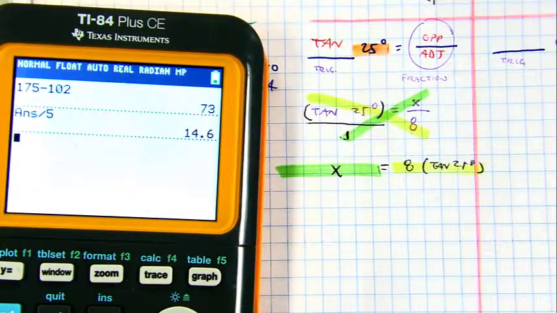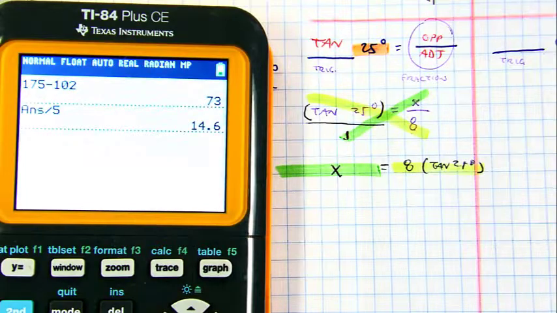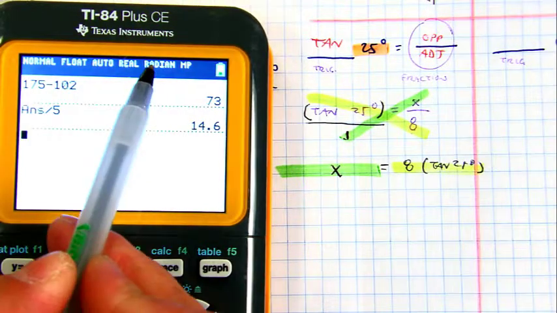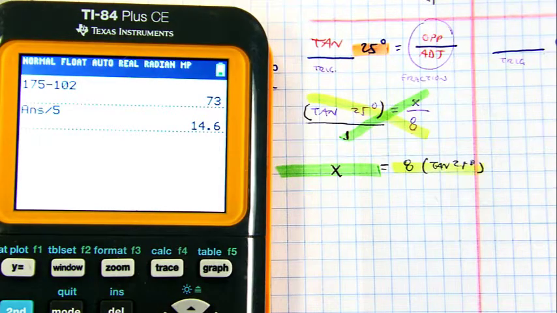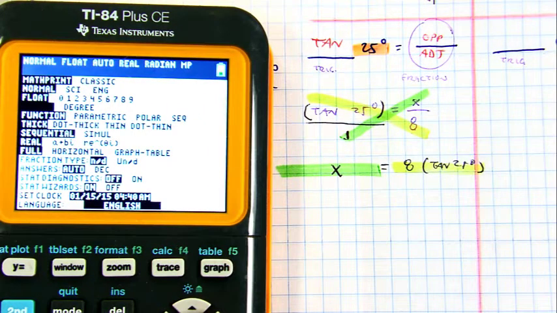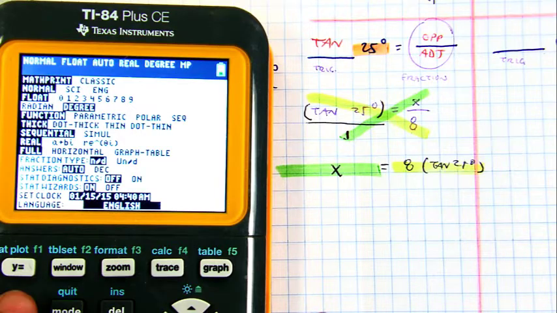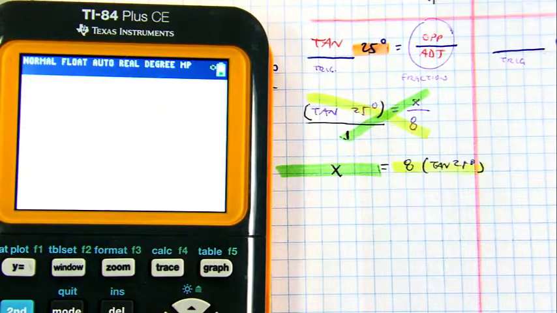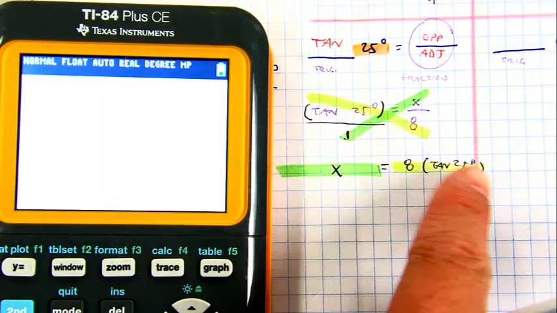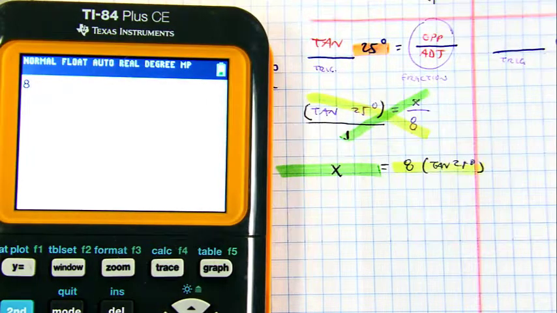Class, can I type in 8 tangent 25 in my calculator? Why? We're in the wrong mode. So let's get it over to degrees. Clear that out. Degrees, degrees. Now I can type in 8 times tangent of 25.